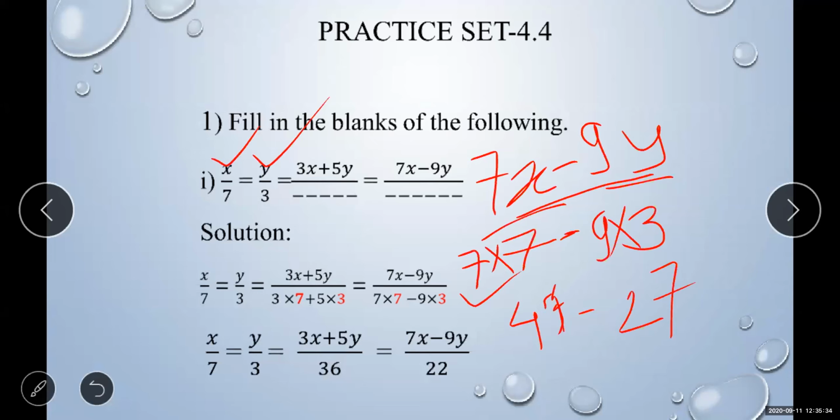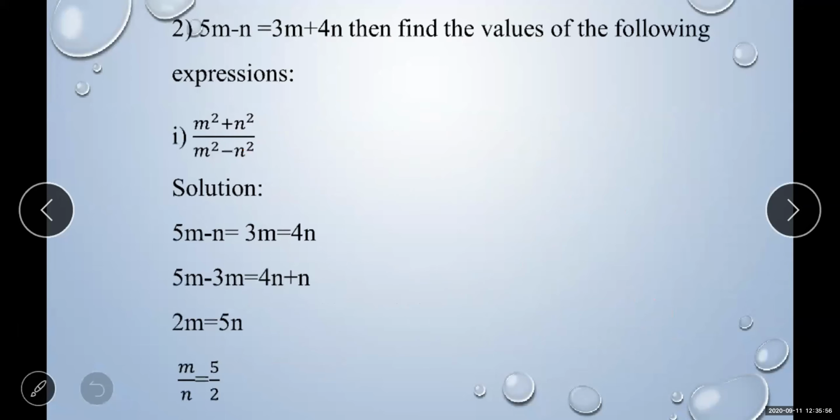Yes, these are the operations on the theorem on equal ratios. If you are multiplying the numerator by 3, multiply the denominator also by 3. If you are multiplying the numerator by 7, multiply the denominator by 7. And if there is addition in the numerator, take addition in the denominator. Okay. So I hope you understood this much.